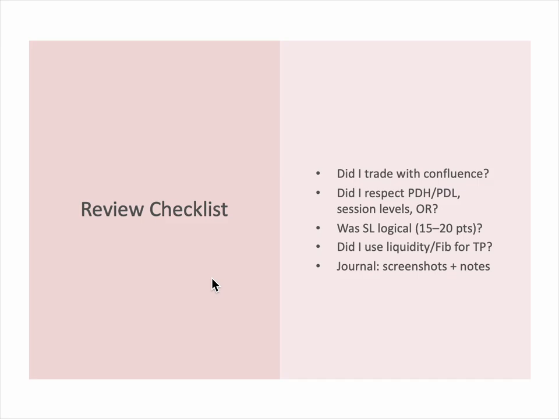Was I risking the right amount for the setup? Did I use liquidity or the Fibonacci? The Fibonacci tool, I don't use it as often. Like I said, I only use it when there's no levels for me to go hunt. But liquidity, yes, is very important.